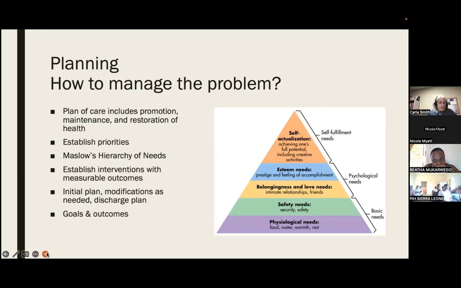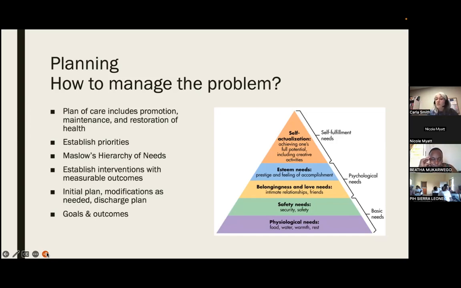When we plan care for a patient, really that's how we are managing their problem. And we like to establish our priorities using Maslow's hierarchy of needs. Clearly, they need to have basic needs such as food and water, and actually the ability to breathe is going to be more important than when we get up to self-actualization.